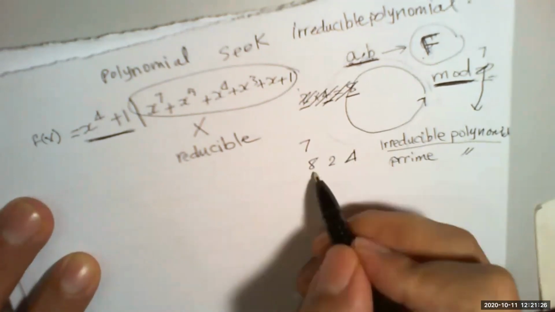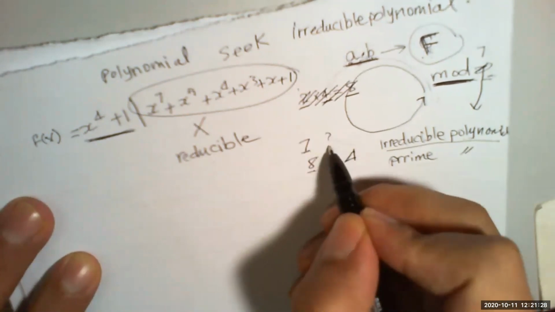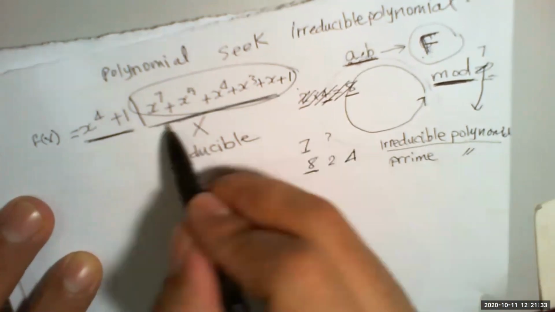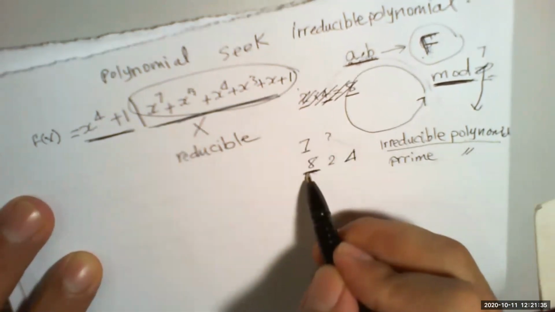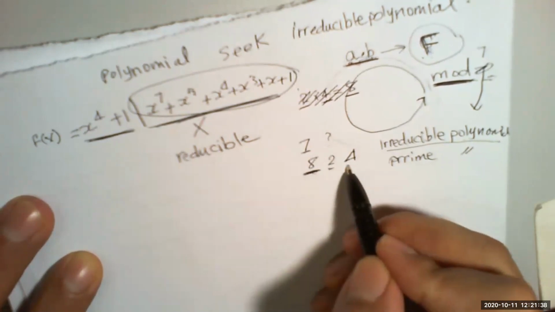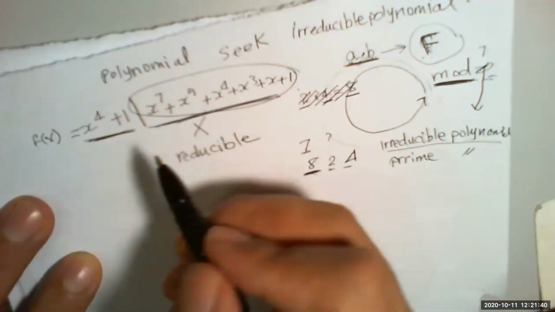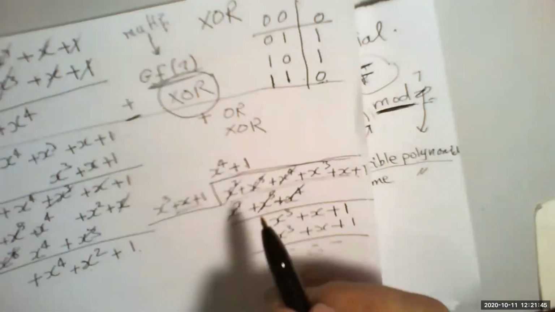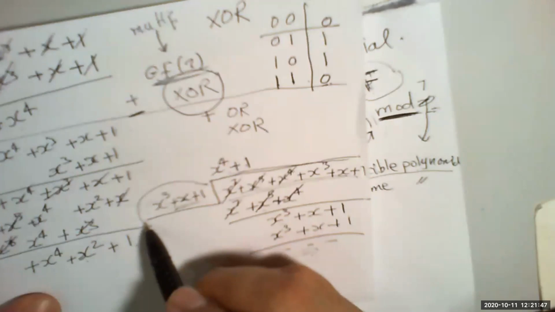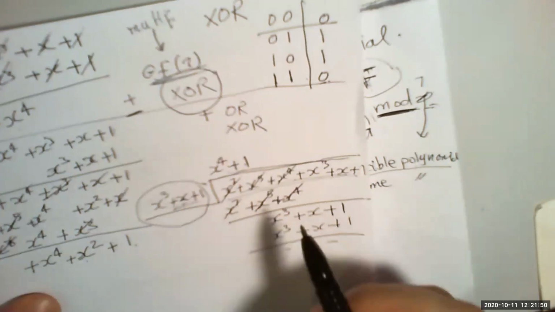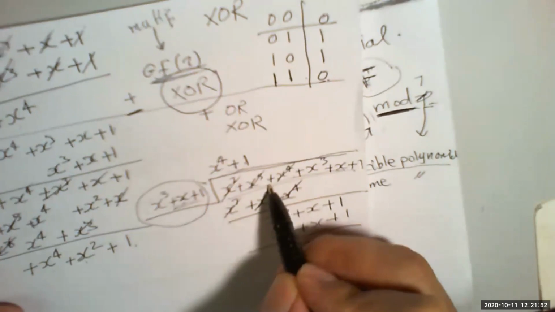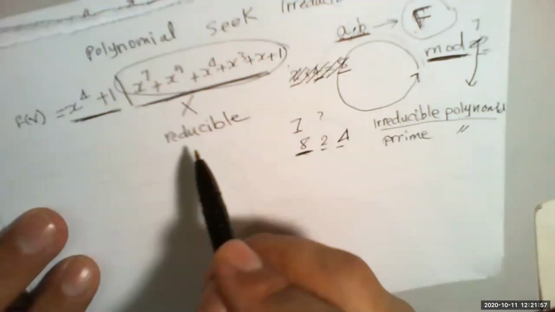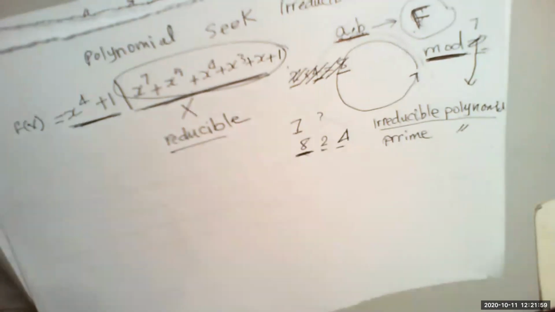These are the factors of 8. 7, no factors. This polynomial is like 8 exactly. It has a factor here, and the other factor is the one here. If you multiply these two together, it leads us to the long polynomial here. So this is reducible.